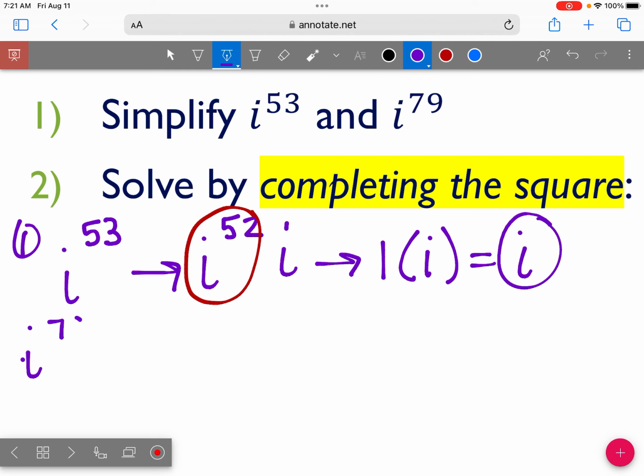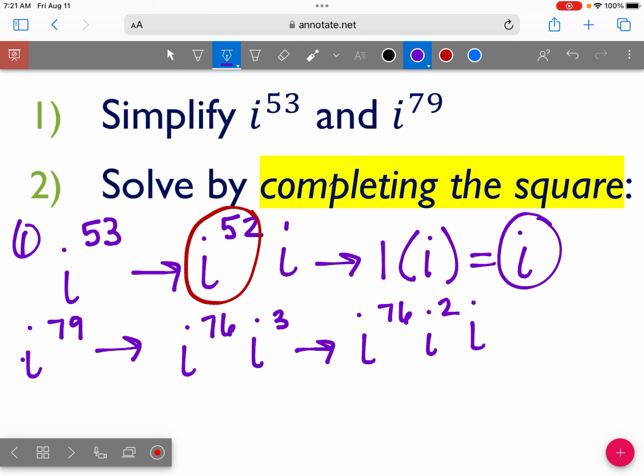All right, i to the 79, we need the highest multiple of 4. 76. And I'm left with 3. Now, when you take your tests in a couple of weeks, if you don't remember that i cubed is negative i, you can break that i cubed down even further, because most of you remember that i squared is negative 1.